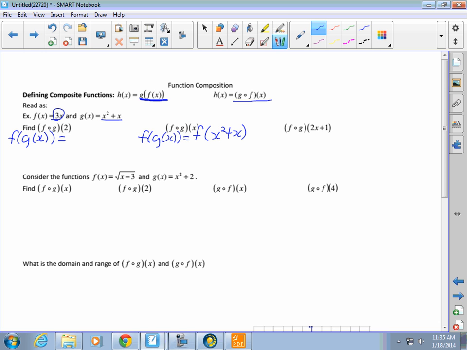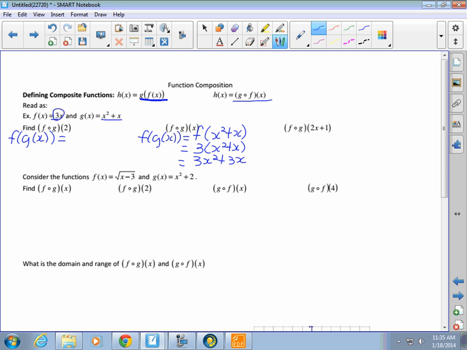So this is going to be 3 times x squared plus x, because there's only one x in that f function. So it's going to be 3 times x squared plus x. If I solve it further, it's 3x squared plus 3x.